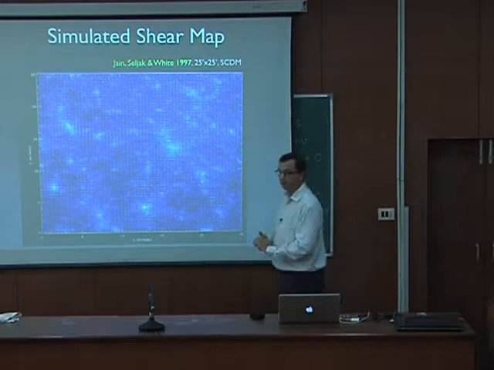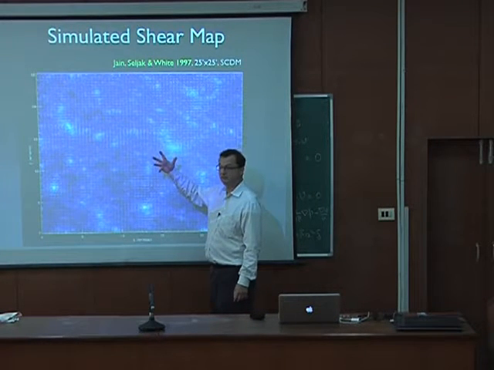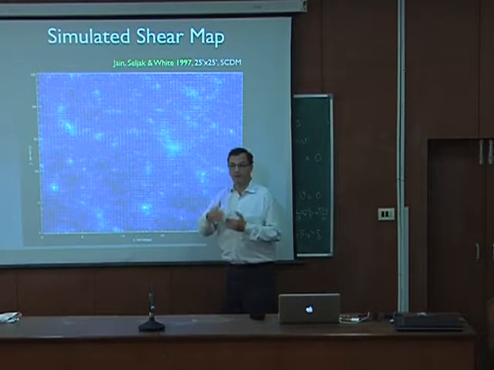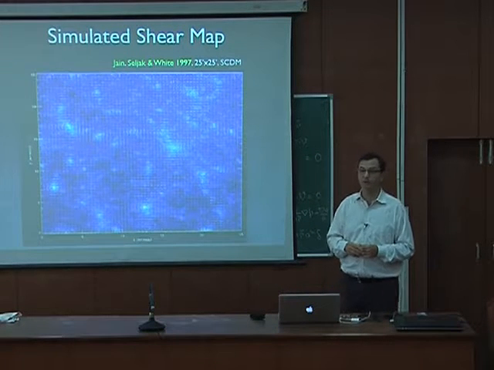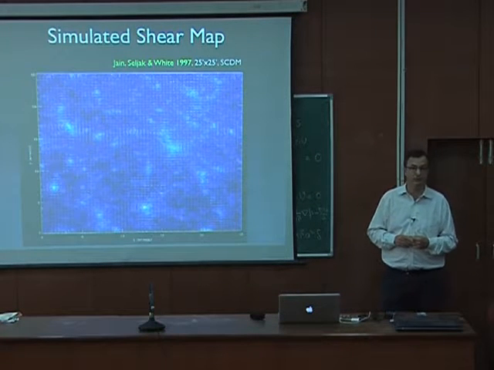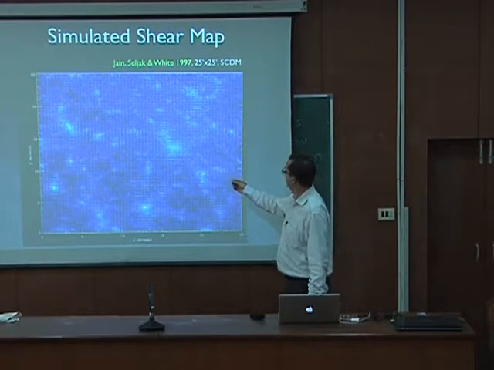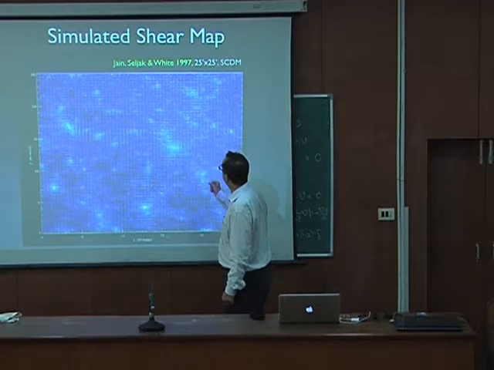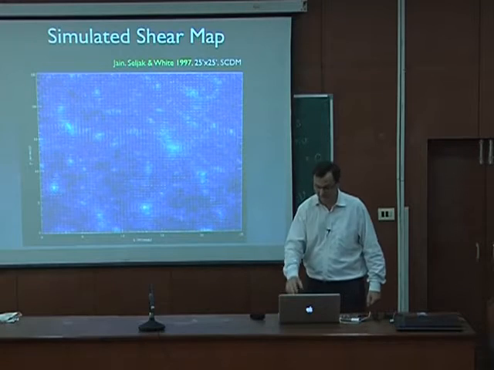But for cosmology, what's even more useful is to characterize the statistical properties of this shear field, compare it to models of structure formation, and from that constrain our cosmological model and measure cosmological parameters. So we need to find statistical measures that characterize such a shear field.